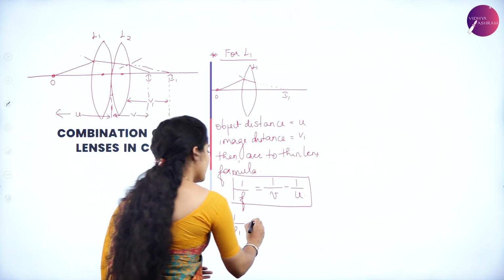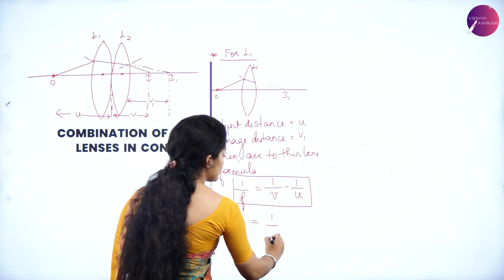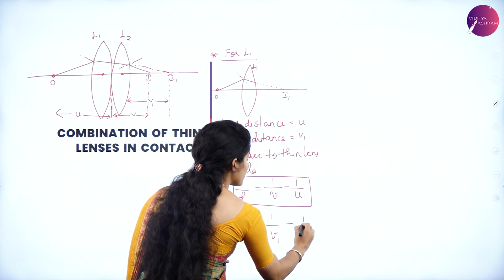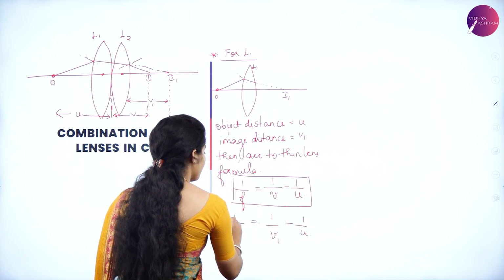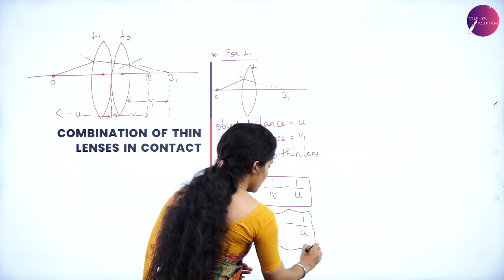So 1 by f1 is equal to 1 by, what is the image distance? It is v1. What is the object distance? It is u. So this equation is called equation 1.